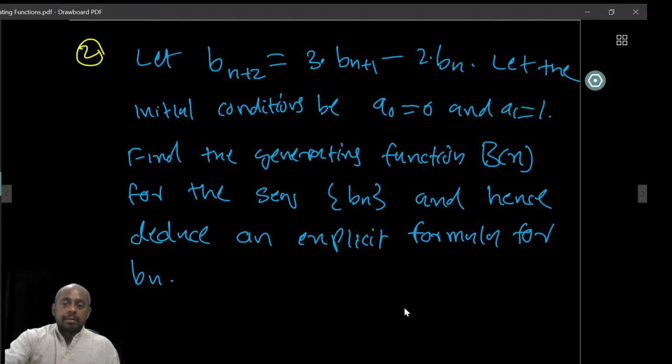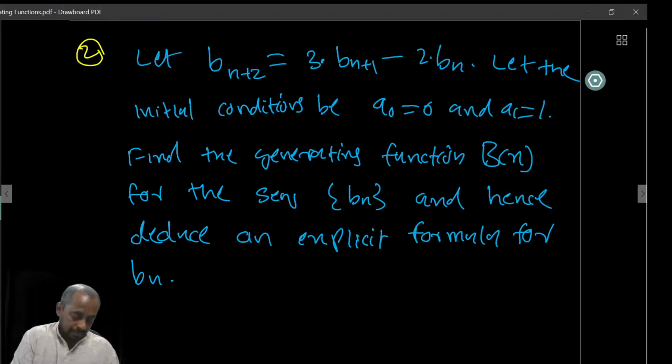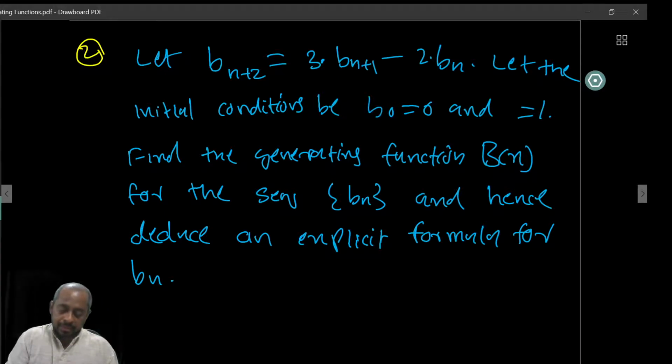Now the second question is: let b n plus 2 is equal to 3 times b n plus 1 minus 2 times b n be a recurrence relation that is given, with the initial conditions that b0 is equal to 0 and b1 is equal to 1.